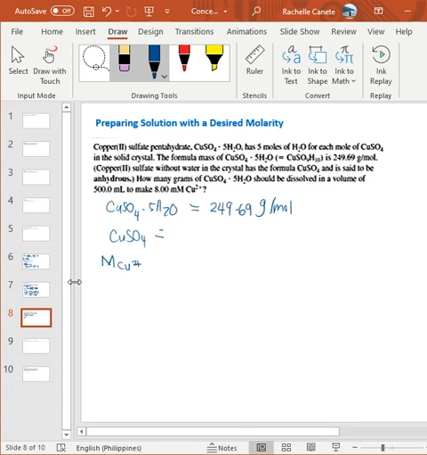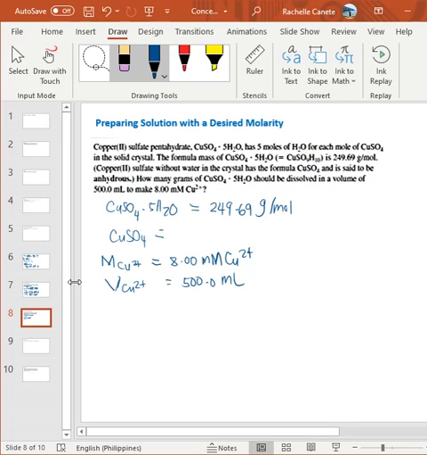This is the molarity of copper 2 plus, and that's 8.00 millimolar of copper 2 plus, right? So, we need to make this. And the volume of the copper 2 plus solution we need to make is 500.0 ml.